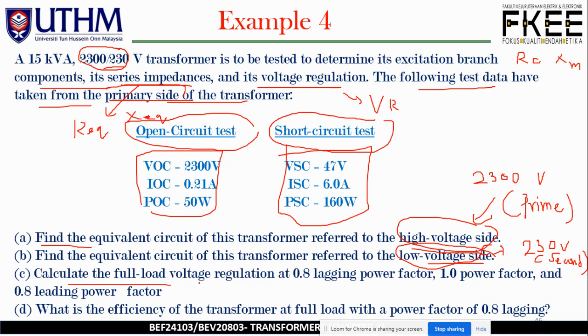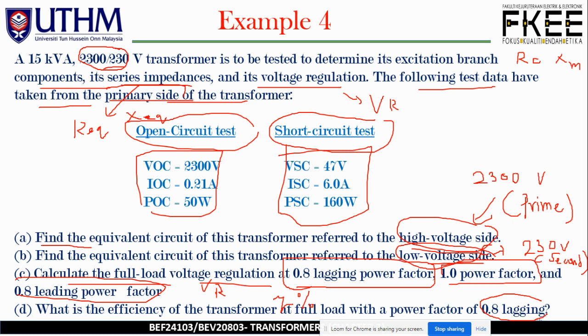So calculate the full load voltage regulation. Meaning we need to calculate the full load VR at 0.8 power factor lagging, unity power factor 1.0, and 0.8 leading power factor. So what's the efficiency of the transformer at full load? We need to find the efficiency at full load with a power factor of 0.8 lagging.